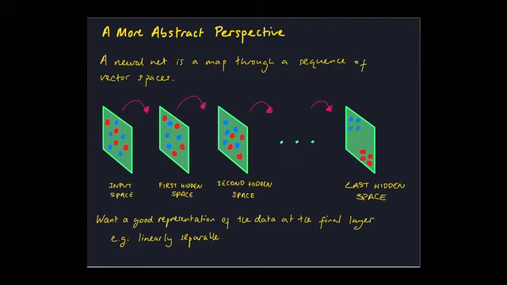One possible goal of doing deep learning is to learn a really good representation of your data points. I'm visualizing that here as the idea that, first of all, in the input space, the data points of unrelated things are all mixed up together and not really separated or disentangled.